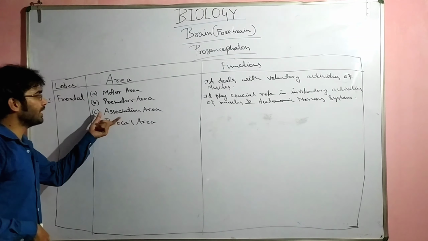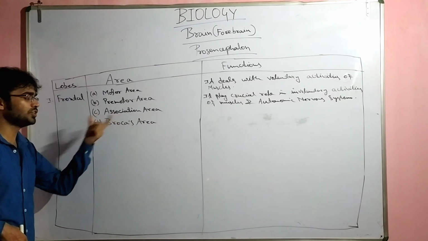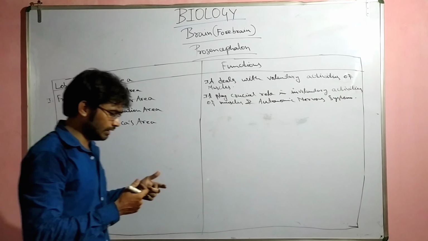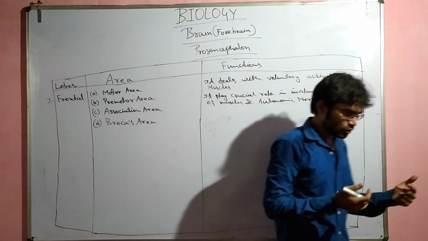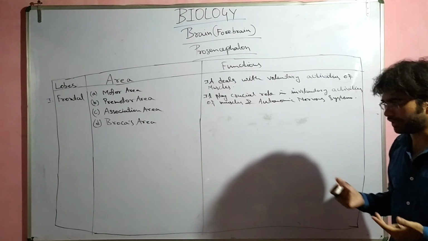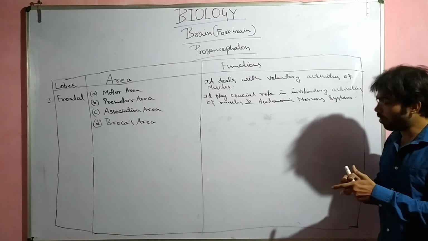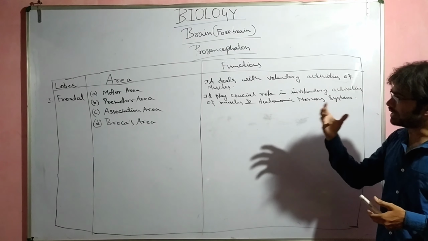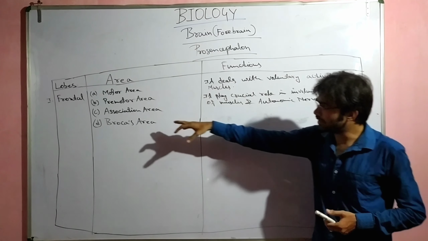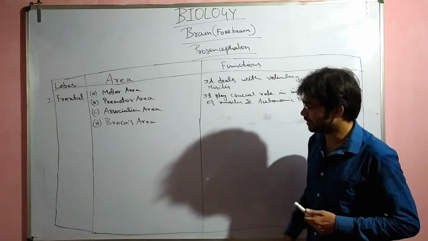Now the association area. This area plays a very crucial role. This area aids in understanding, meaning reasoning, thinking, memory, all the vital things are dealt with by the association area.